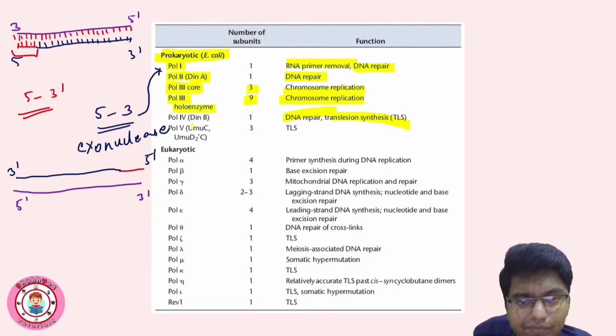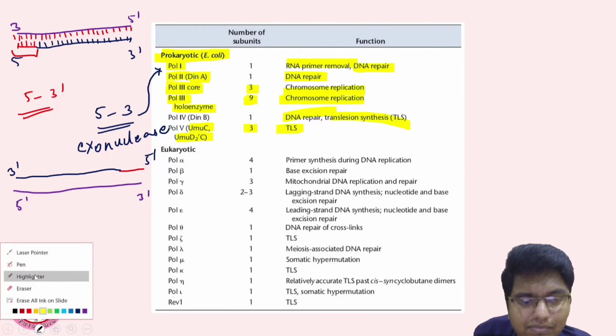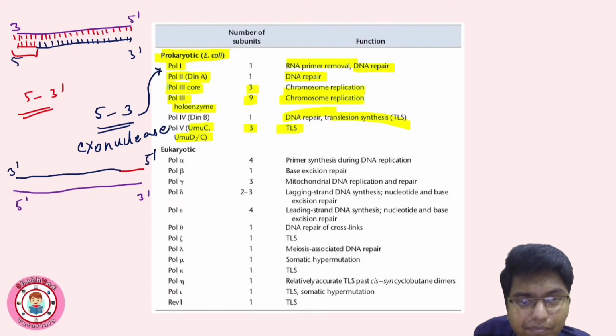Then Pol 5, known as UmuD'2C, is also for translesion synthesis. So the main enzymes for DNA replication are the Pol 3 core, the Pol 3 holoenzyme, and Pol 1. These are important for replication.